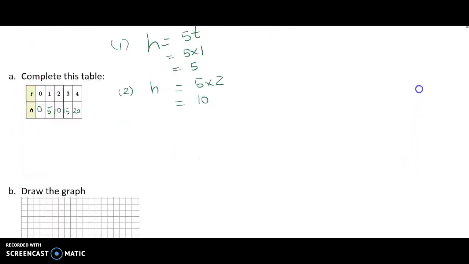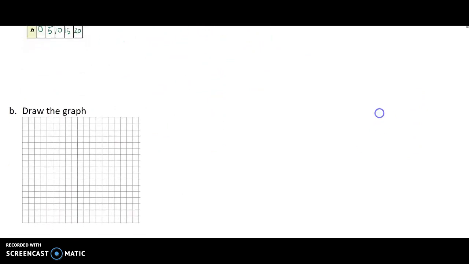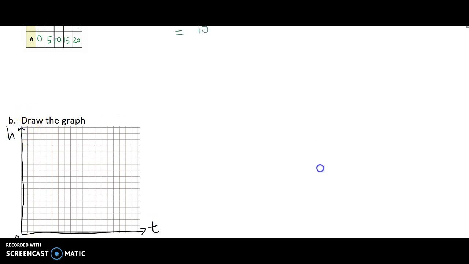Now let's plot that. Same information, all of that information on the table, let's plot this on the graph. Always time goes onto our x-axis, and the height goes onto our y-axis.